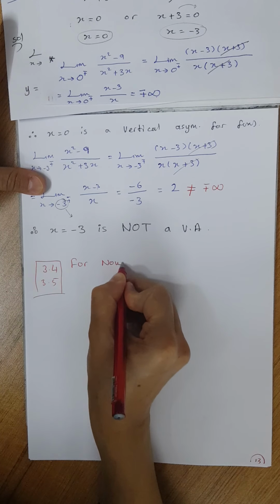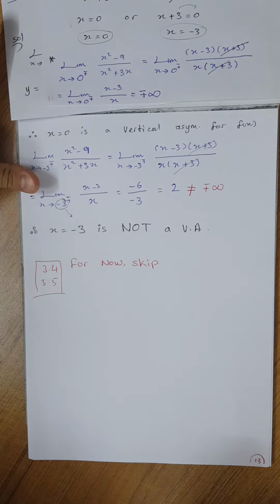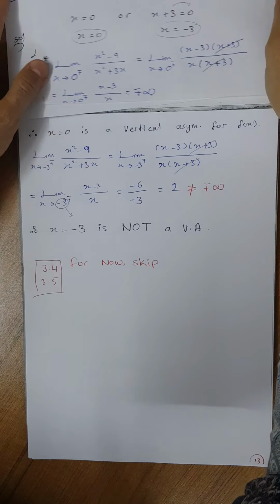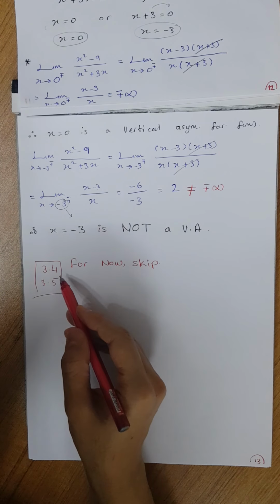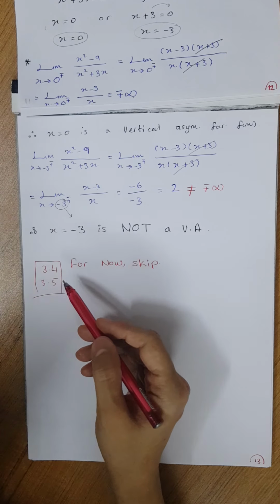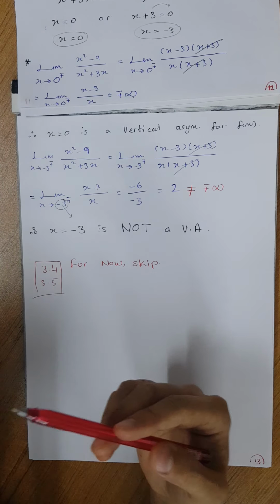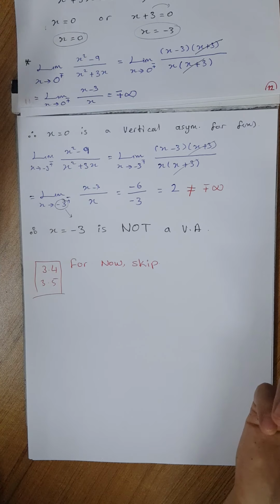For now, skip those two sections. Why? Because if the classes are opened again, I can explain those ones. It is better to explain those two sections in the class, because these ones are word problems. It's not just mathematics that I can do step by step for you here. I have to give more explanation.